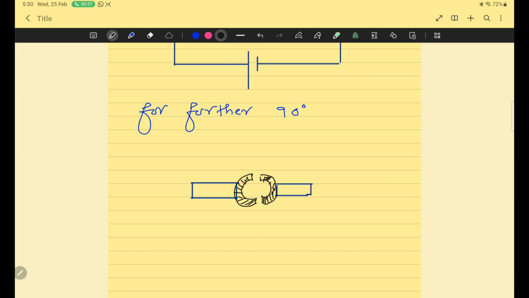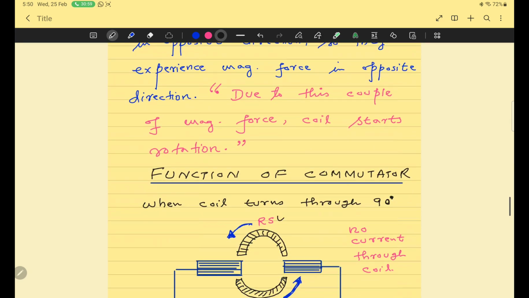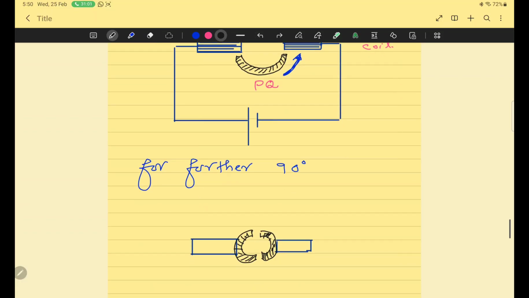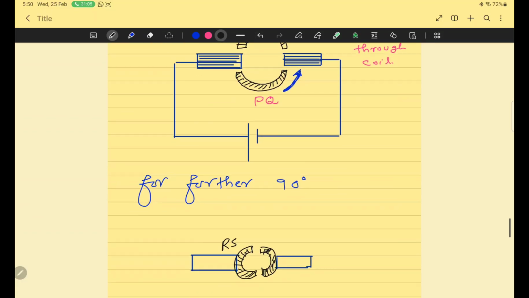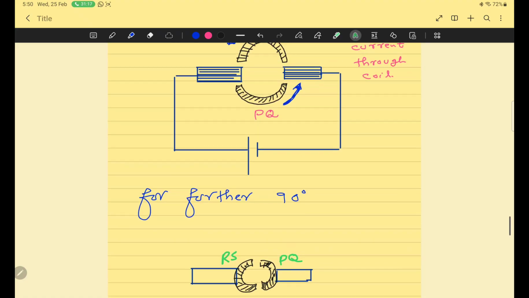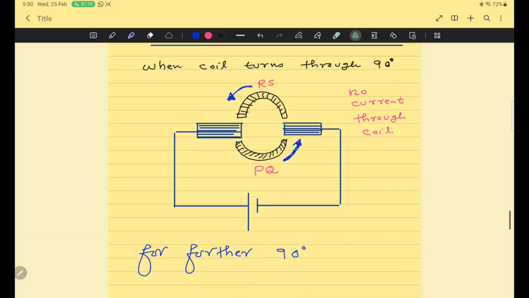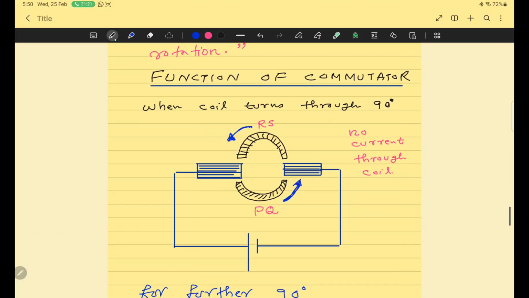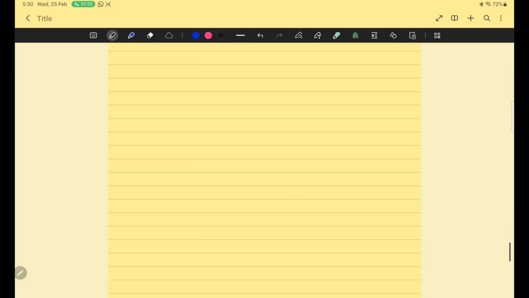And now you can see side RS is on the left-hand side, and side PQ on the right-hand side. So their positions are interchanged. Okay.